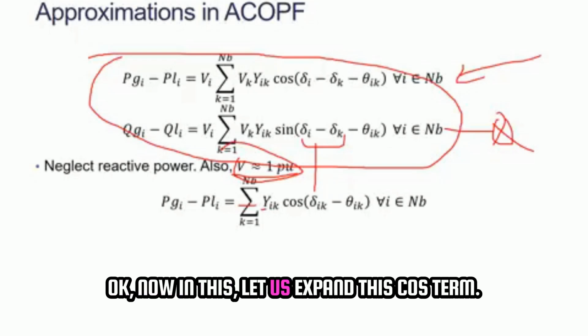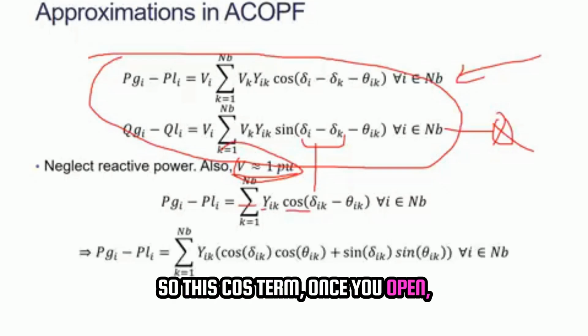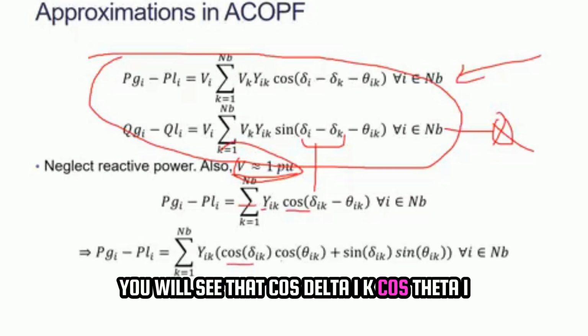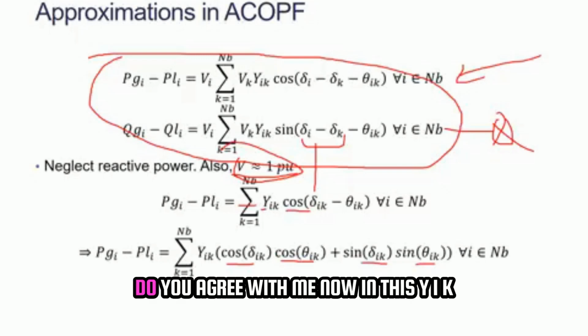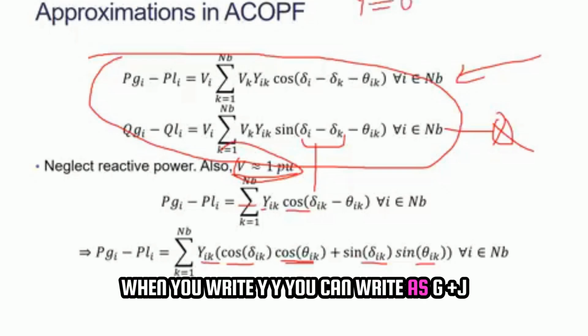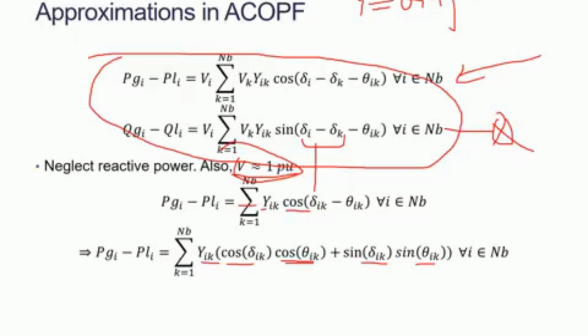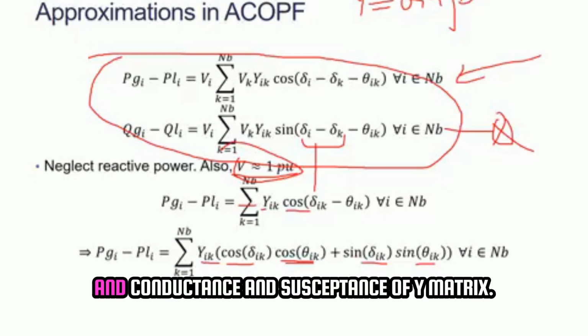Now let us expand this cos term. Once you open it, you will see cos delta IK cos theta IK plus sin delta IK sin theta IK. Do you agree with me? Now in this, when you write Y you can write it as G plus jB, the conductance and susceptance of the Y matrix.